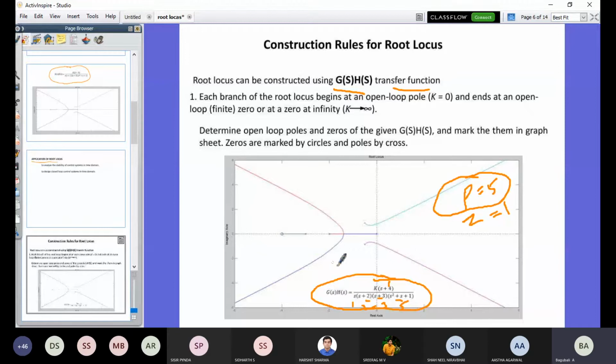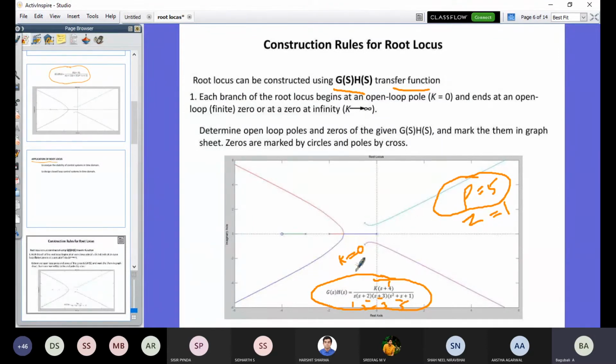Open loop poles are the points where K is equal to 0. Assume that the starting value of K is 0. So s is equal to minus 4, s is equal to 0, s is equal to minus 2, s is equal to minus 3, and s squared plus s plus 1 gives minus 1 plus or minus j root 3 by 2.